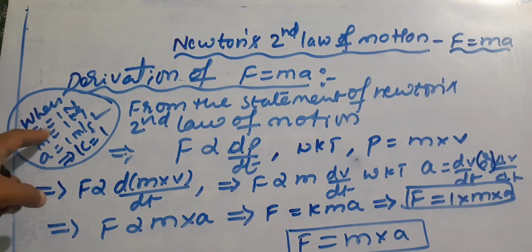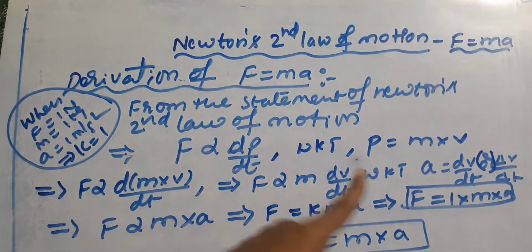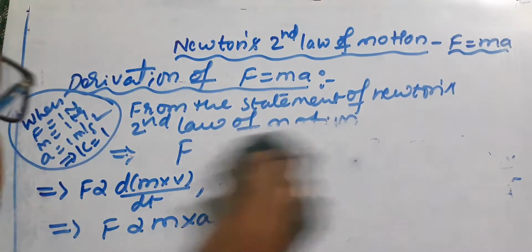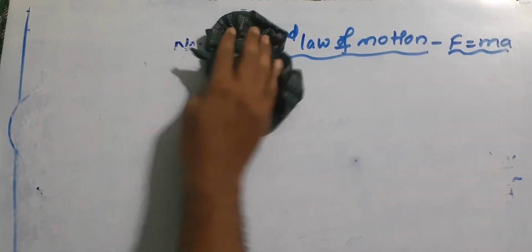When F is 1 Newton, m is 1 kg and a is 1 meter per second square, then k becomes 1. On substituting k as 1, we get the formula for force: force is equal to mass into acceleration, students. This is the derivation of the formula for force and the statement of Newton's second law of motion.